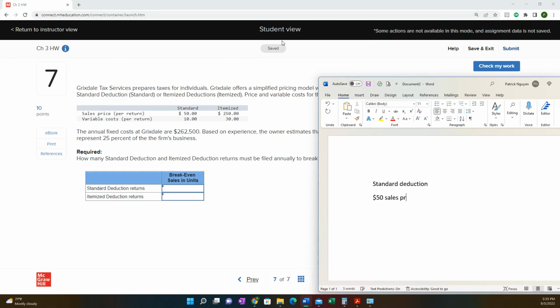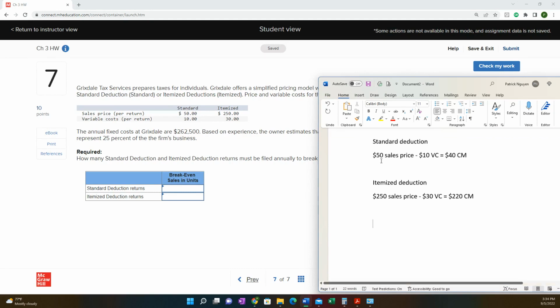For the itemized deductions, we have a $250 sales price minus $30 in variable cost to arrive at $220 contribution margin. So for each return that we prepare, we're either going to make $40 in profit or $40 contributed towards the bottom line or $220 profit.